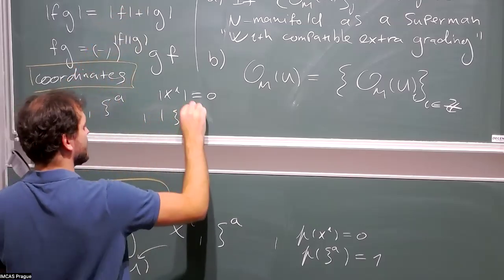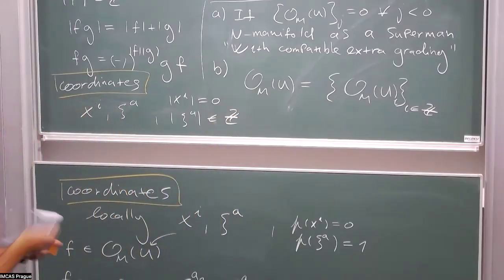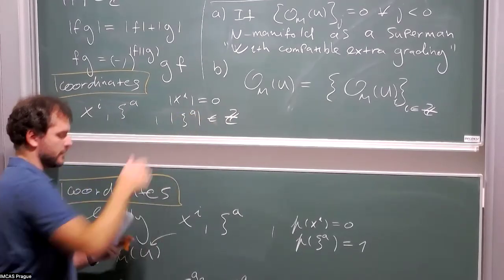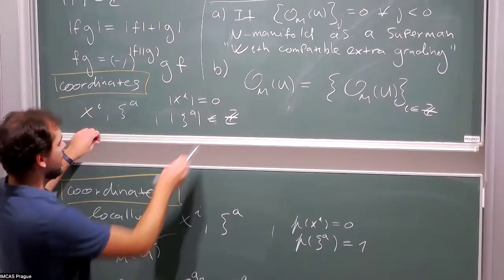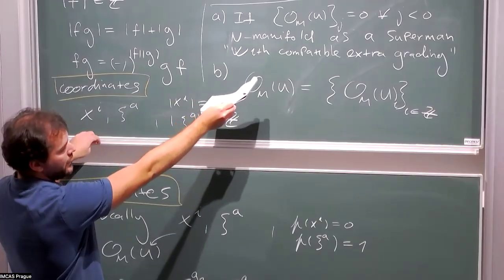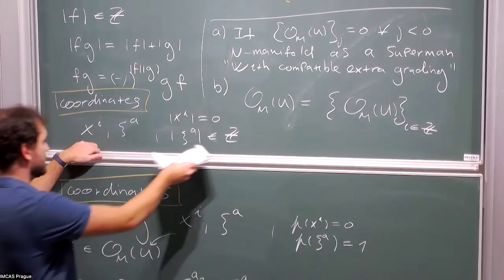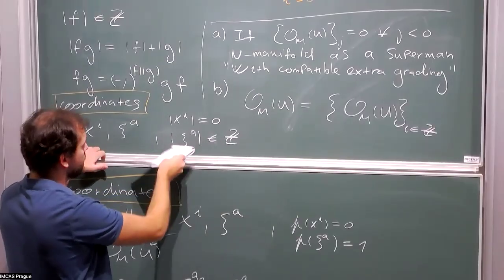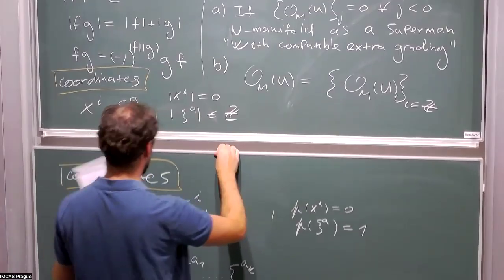And the xi's now have degree here, which can be positive and negative. So unless you work with non-negatively graded manifolds, which is often the case, but if you don't, you have both positive and negative degrees, and you have to allow that.